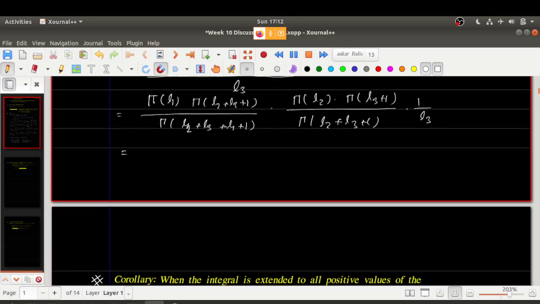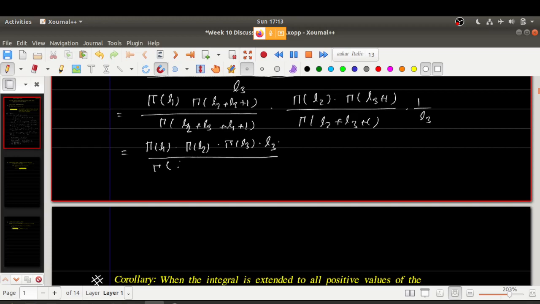Now gamma L1, gamma L2, and gamma of n plus 1 is n gamma n. So from here it will be gamma L1 gamma L2, and for gamma of L3 plus 1 equals L3 gamma L3, right?